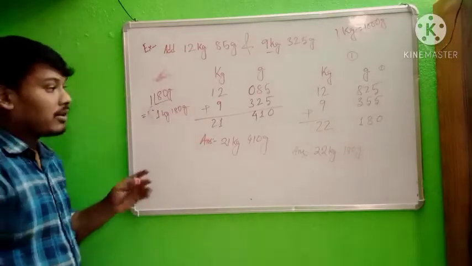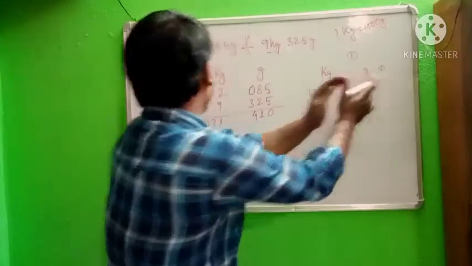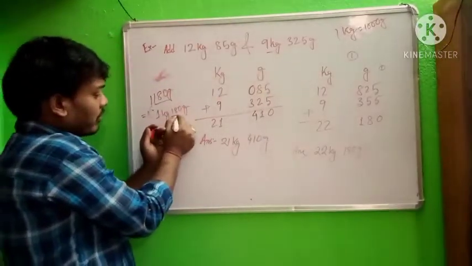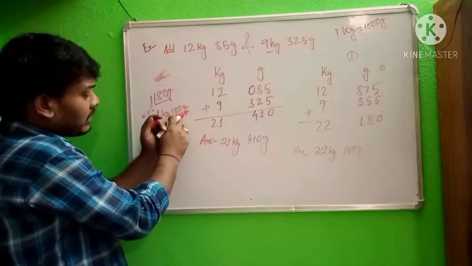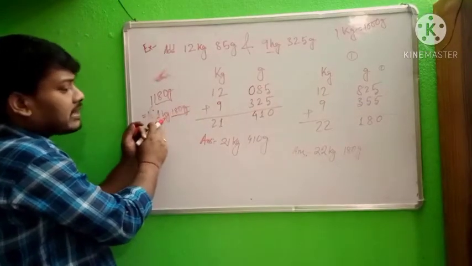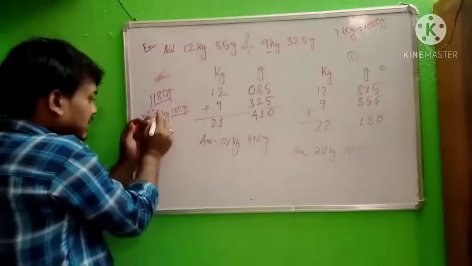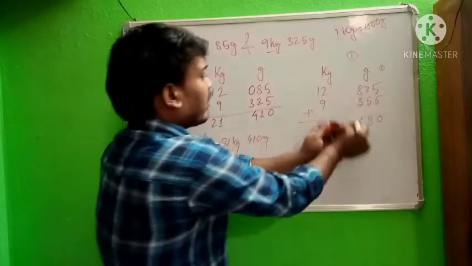So if we add, the value is 1180 gram, but 1180 gram means 180 gram and 1 kg. So we put 180 here, and this 1 kg is added with the kg.